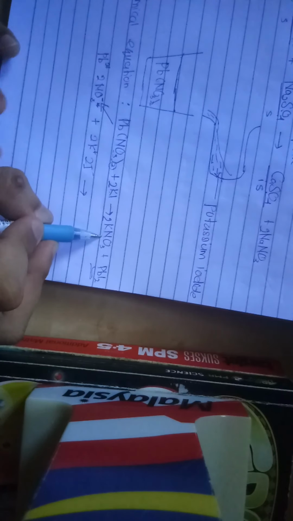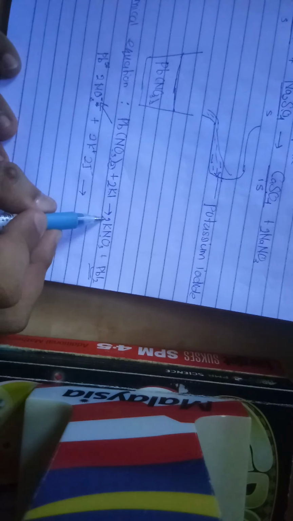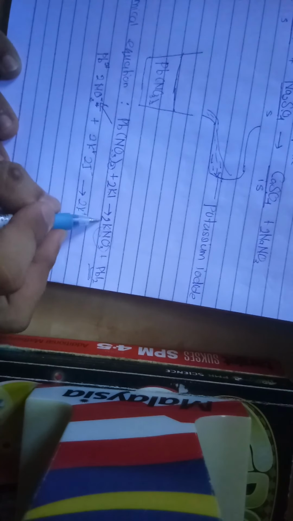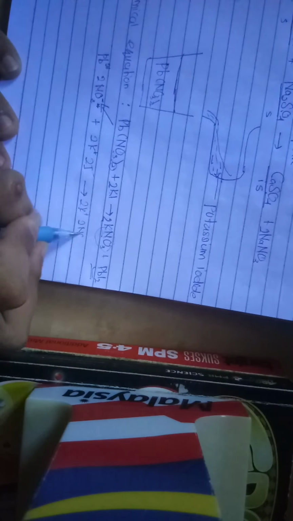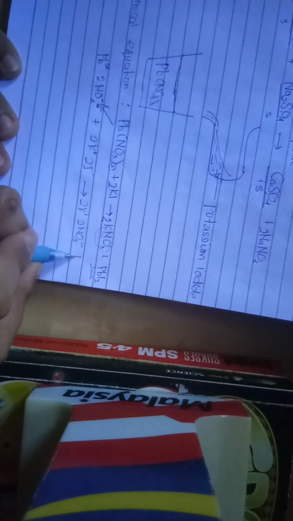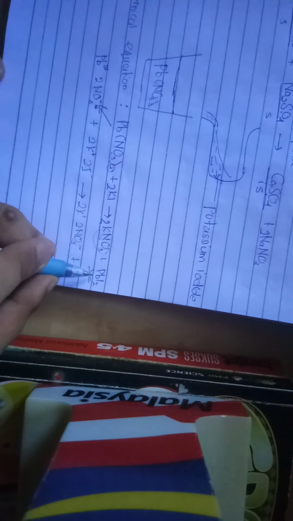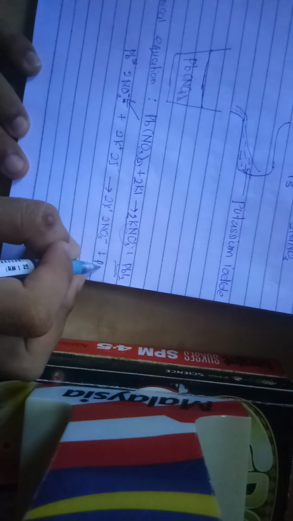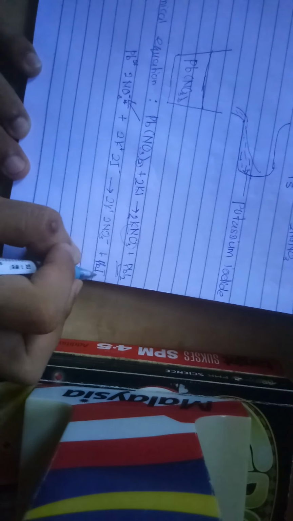Next, you check this one. This one is also soluble. How many potassium do you have? 2 times K, you get 2K+. Nitrate, you also get 2, so you have 2 nitrate here. And this one you cannot give charge to because it is insoluble.